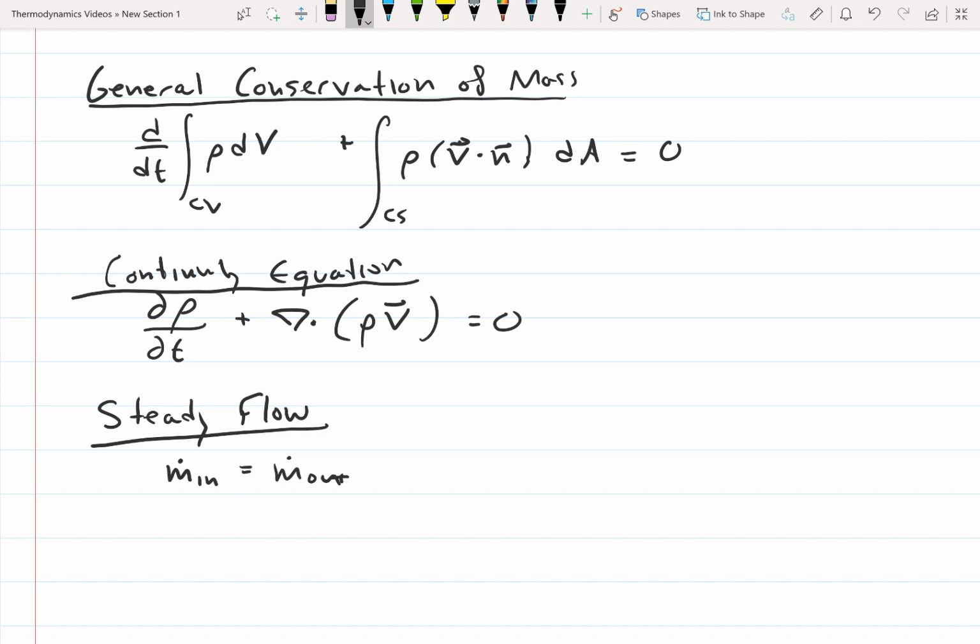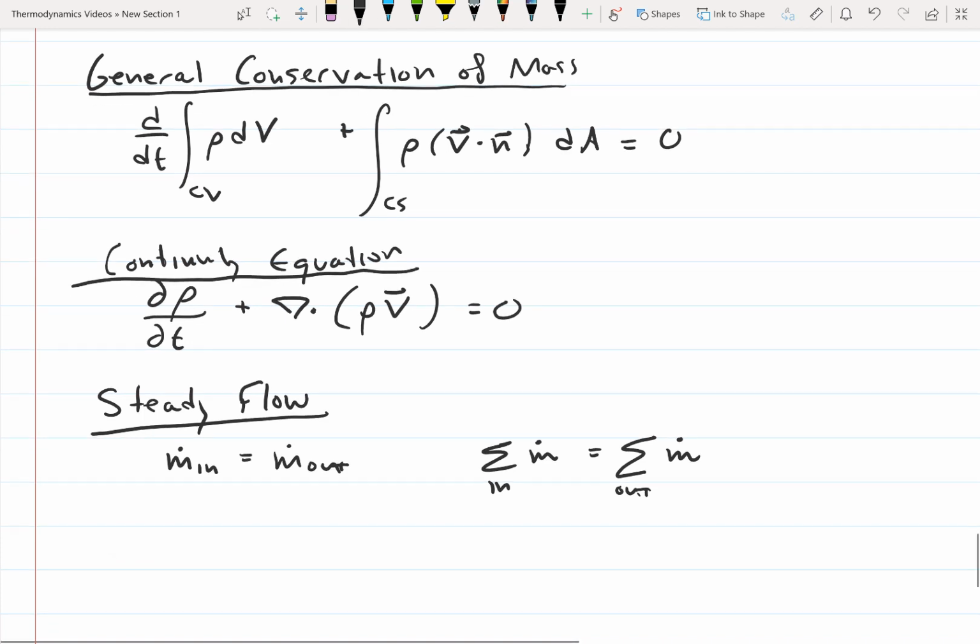And then we can write this with multiple inlets or outlets. If we have multiple inlets and outlets, we would just sum over all of the inlets and outlets. So the sum of all of the inlets in is equal to the sum of all of the outlets out. And this is just for steady flow.